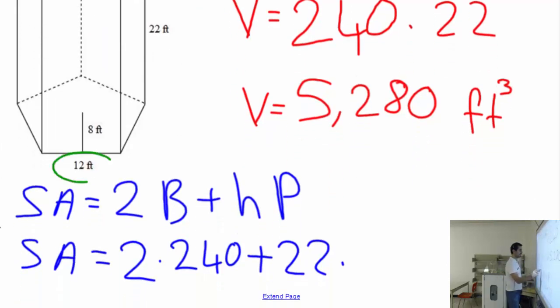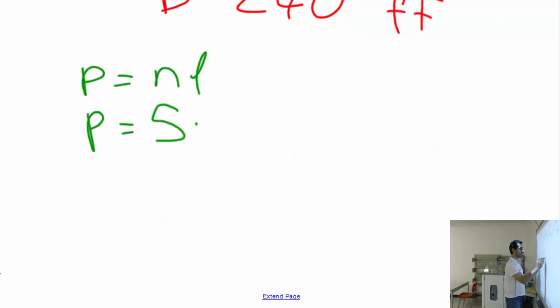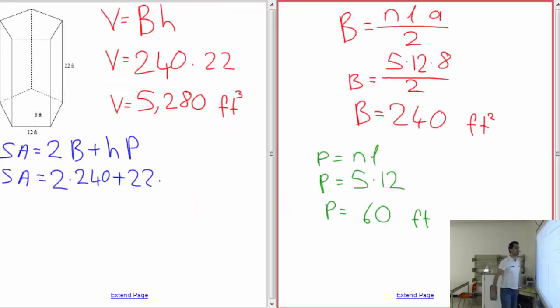One of the sides here is 12. Let's write that down. And perimeter equals 5 times 12. That's going to be 60. And my unit is still feet. But this is perimeter, so I don't need square, I don't need cube. 60 feet.